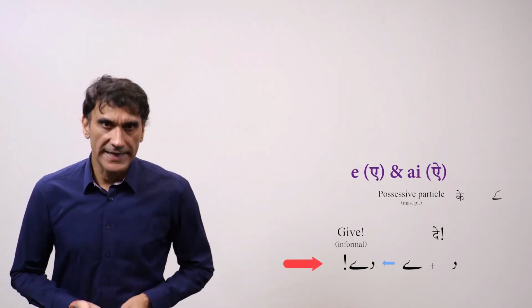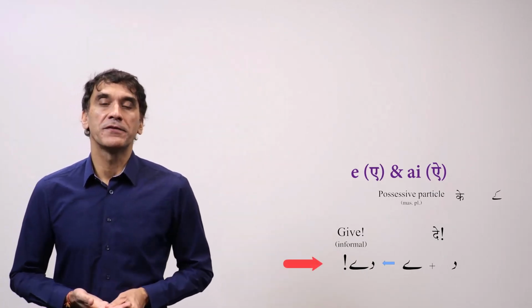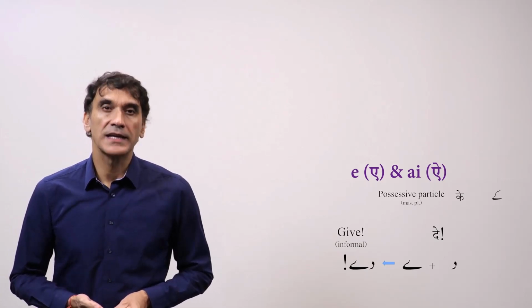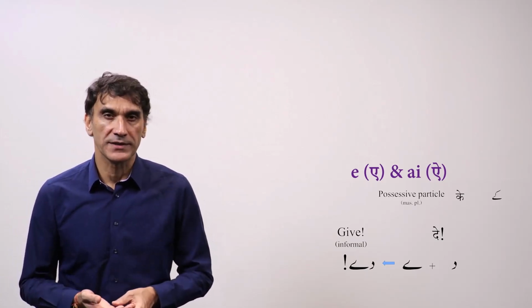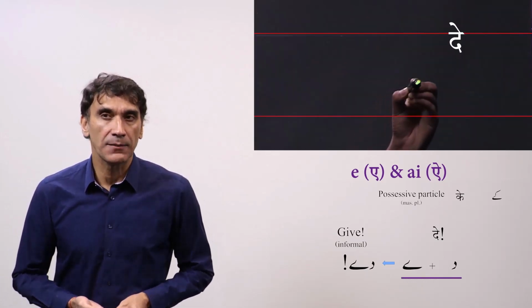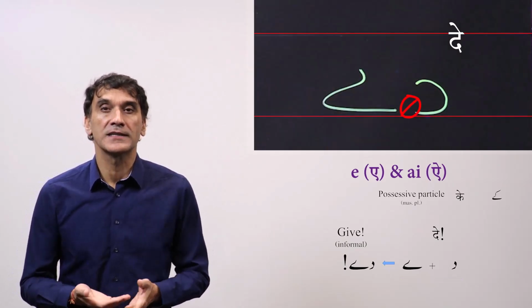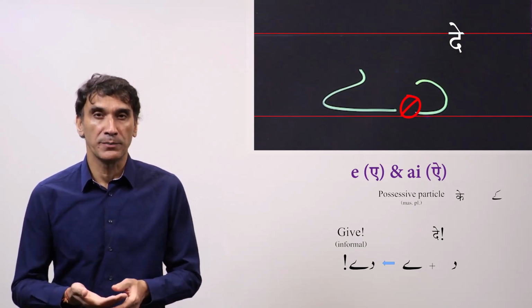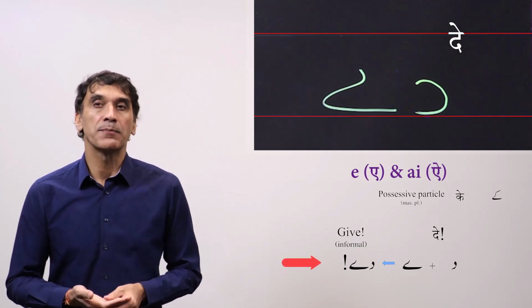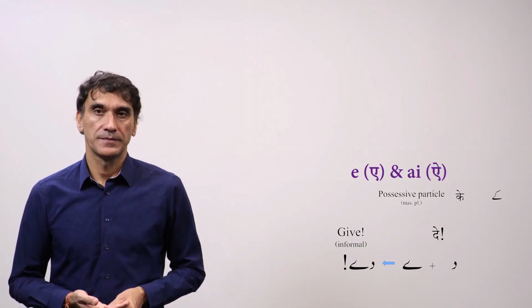The second word is de, the imperative form of the verb dena, to give. It is the most informal form of imperative. The spelling is dal plus badi ye. Since dal is a non-connecting letter, the letters will be written separately, not connected. So dal plus badi ye, de.